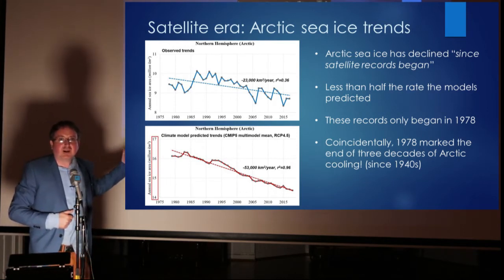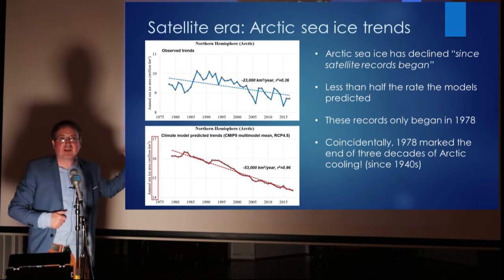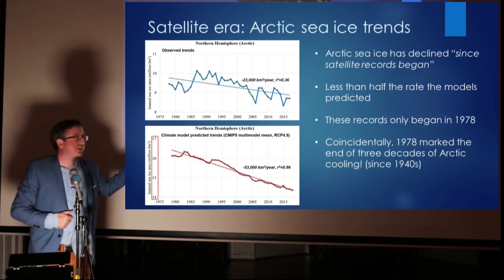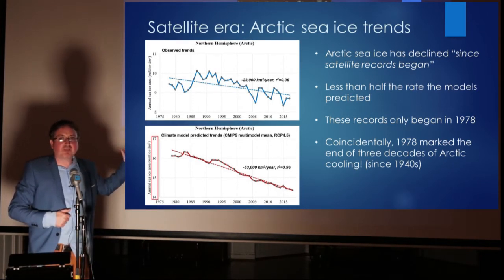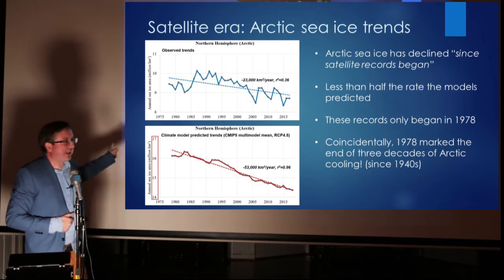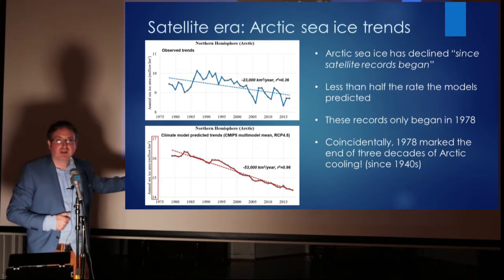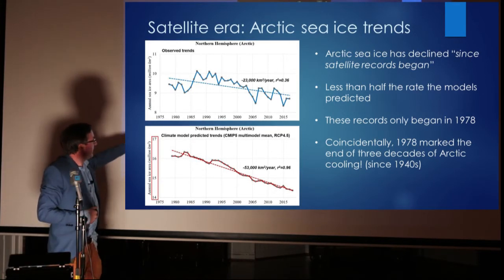The Arctic sea ice area has declined since satellite records began. There are a couple of problems with that when you look at the details. First of all, the rate at which it has declined is less than half of what the climate models were predicting should have occurred.